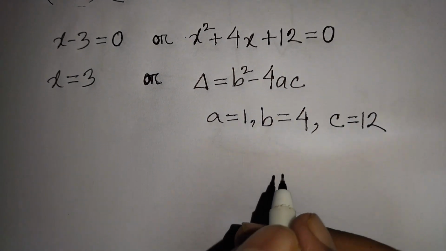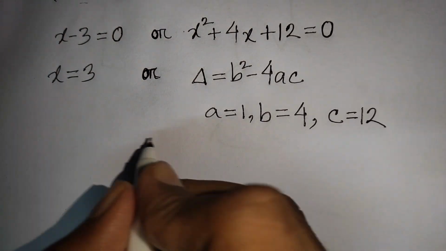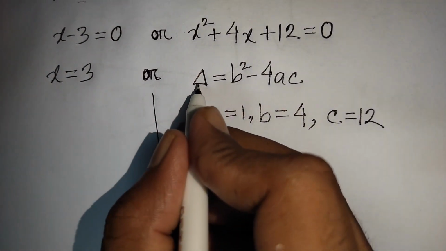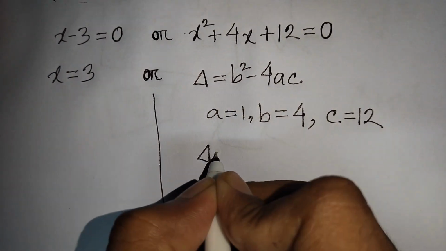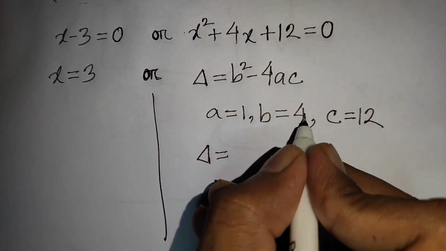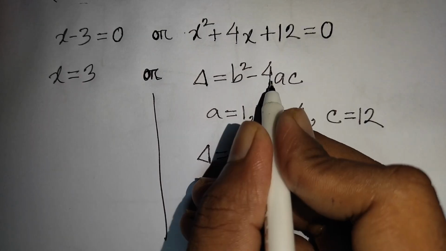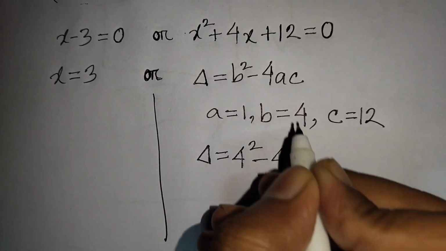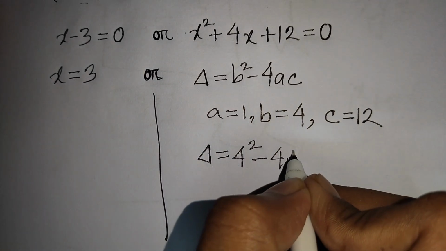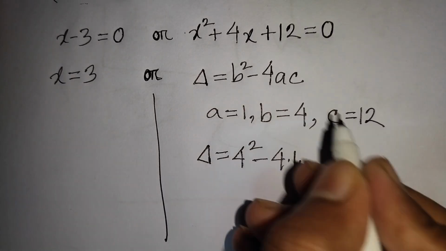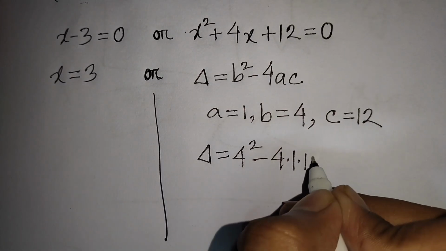Now delta will be equal to b square, that means it will be 4 square minus 4 times a, that means 1, times c, that means 12.